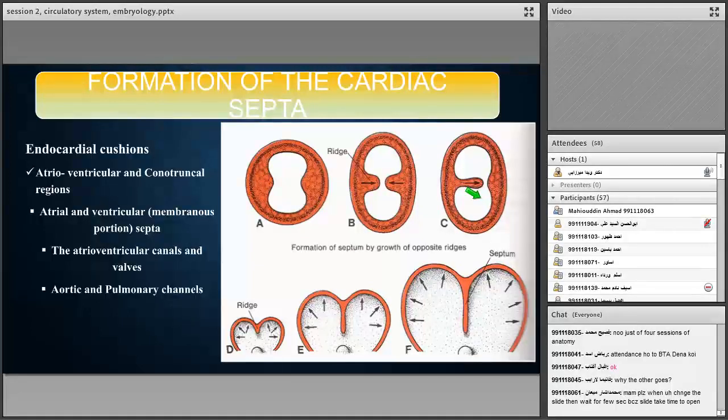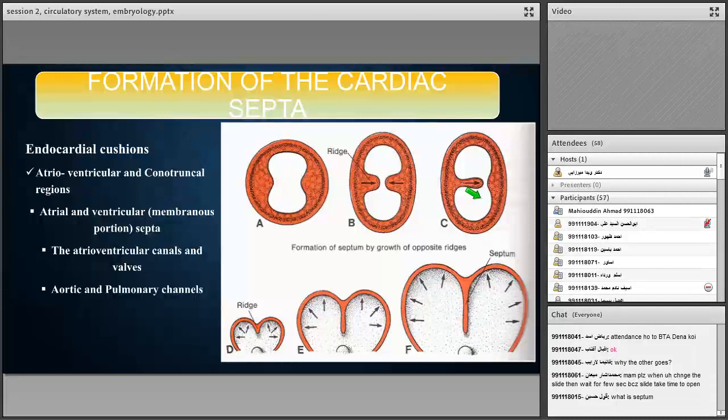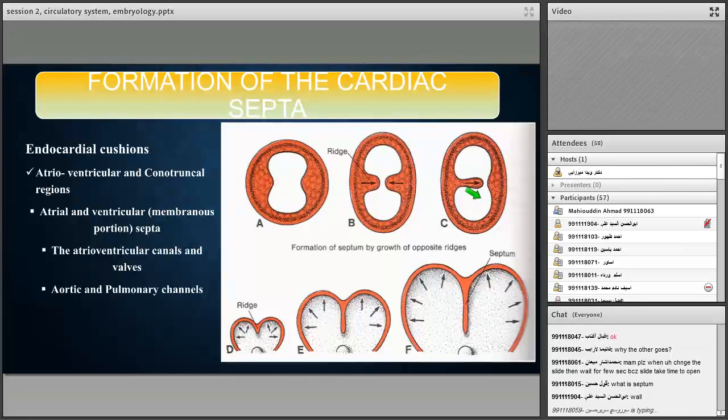These endocardial cushions are developed in atrioventricular and conotruncal regions. The septum means a valve in a lumen which divides the lumen into two parts.